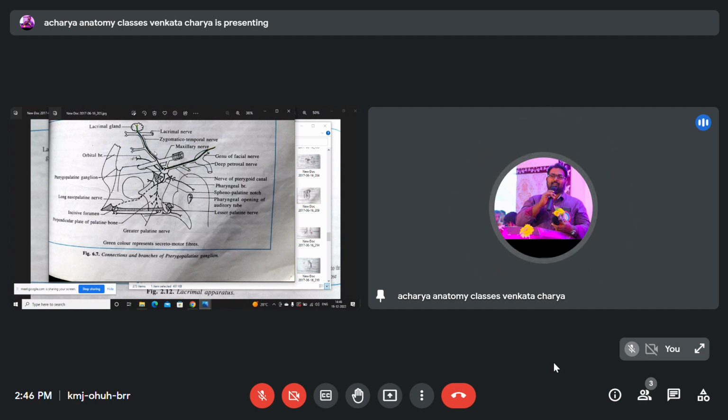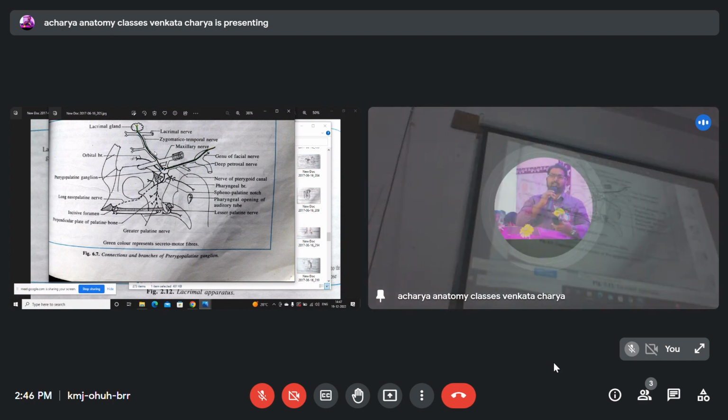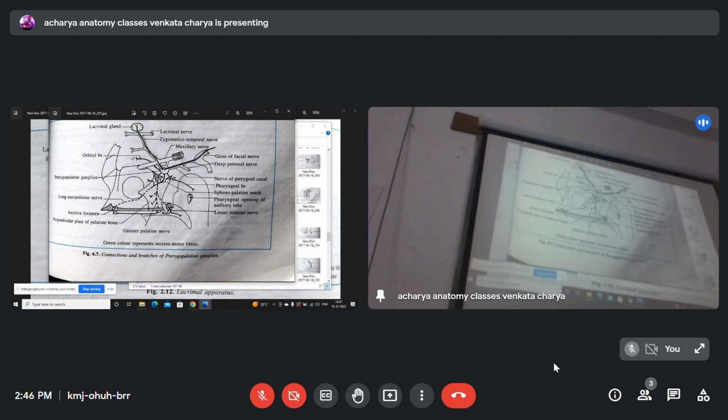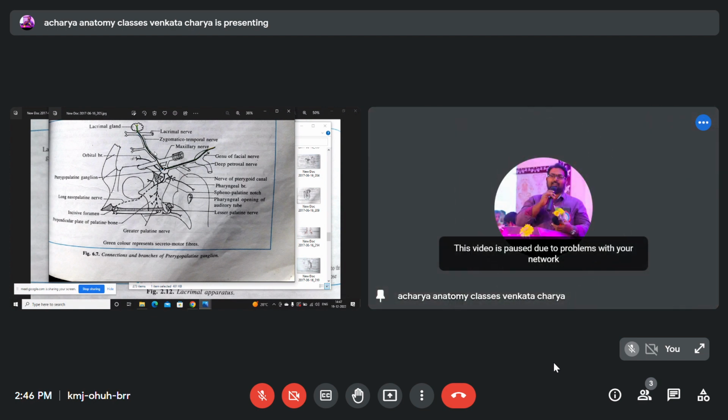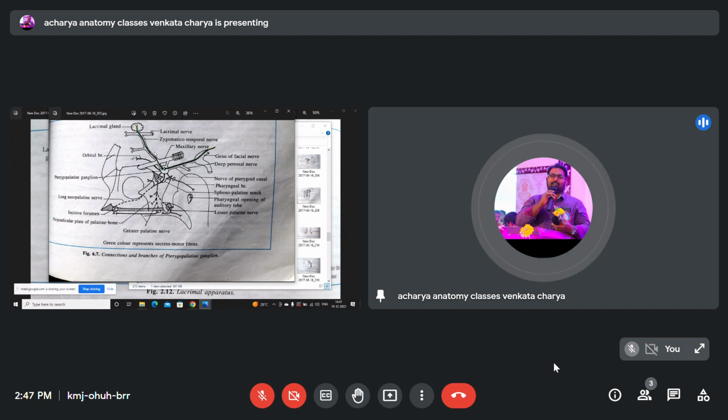See here, the zygomaticotemporal nerve: where do the postganglionic fibers come from? The postganglionic fibers of the pterygopalatine ganglion, through the zygomaticotemporal nerve, supply the lacrimal gland.